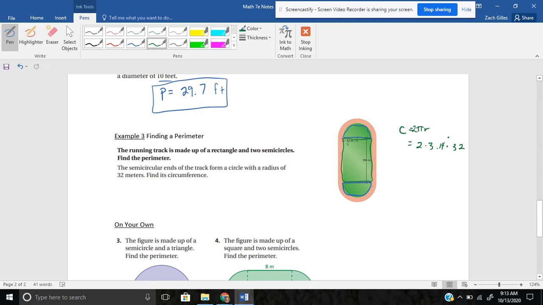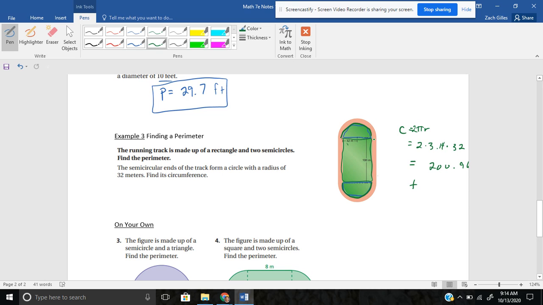So when I multiply 2 times 3.14 times 32, I get about 200.96. Remember, that represents this region and this region, because if I were to put those two ends together, that would form this circle, and the circumference is the distance around the circle. So there's our two ends, and now we just need to add to that the inside, or the rectangle.